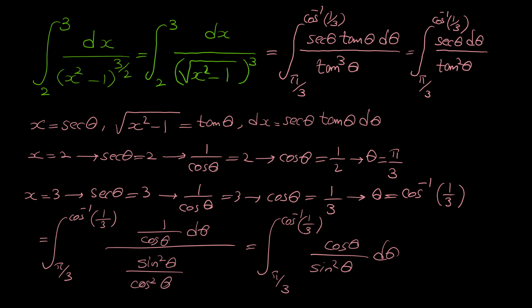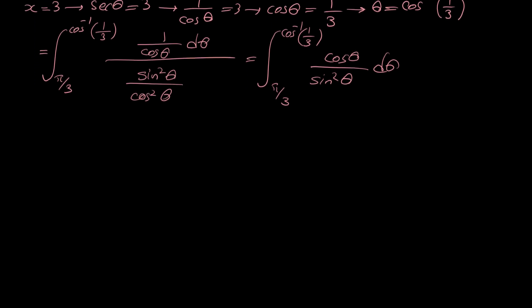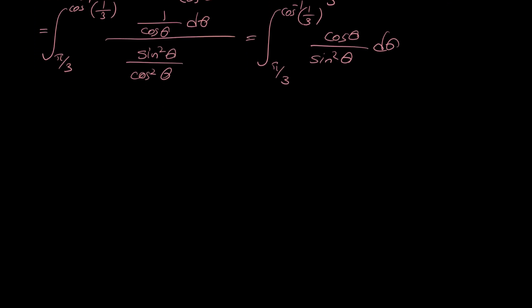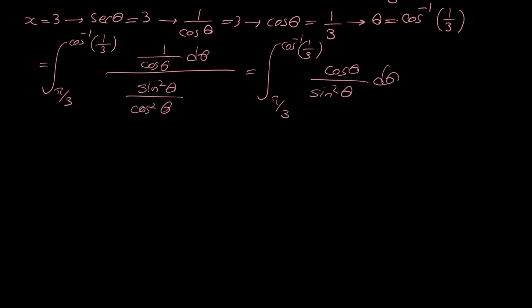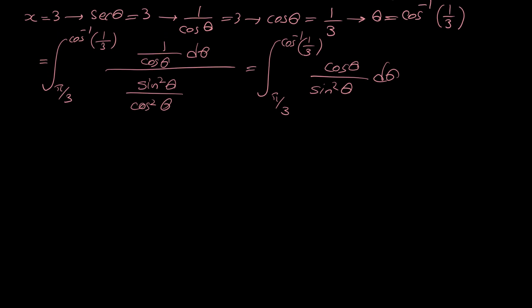Attention, if we suppose sine of theta in the denominator as u, then the derivative of u, which is cosine, is in the numerator. So here we do a simple u substitution. For finding this integral, we use a u substitution. We suppose u as sine theta. Then what is du? Du is cosine theta d theta, which we have in the numerator.